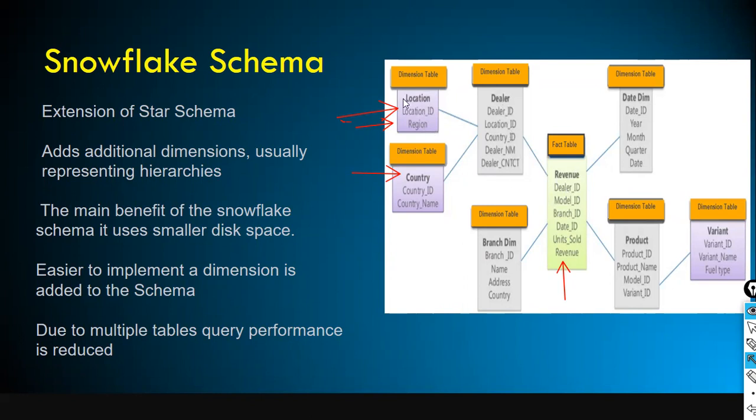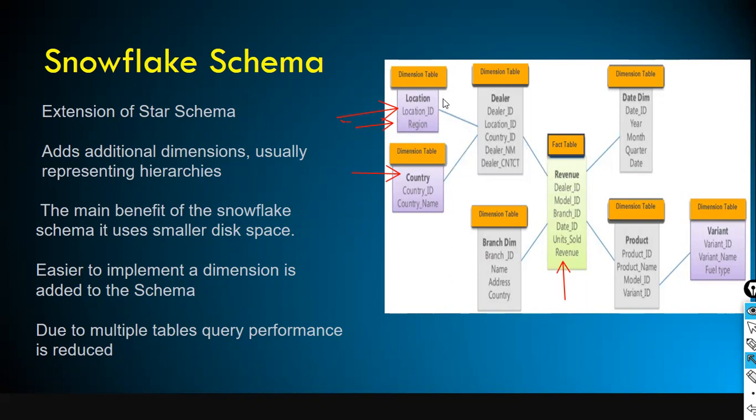This table is not directly connected here, whereas this table is connected directly. If you want the location dimension table to filter your fact table, it has to navigate via the other table, because there is no direct connection. This is called your hierarchy. In the case of dimensions, the dimensions usually represent hierarchies.